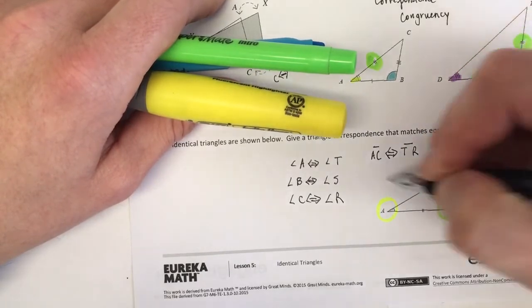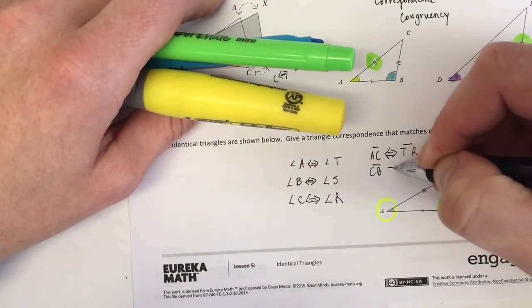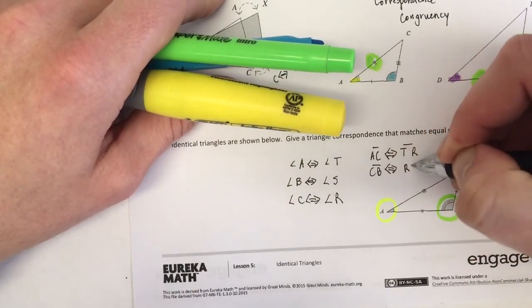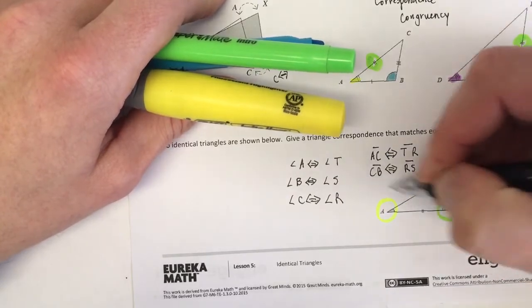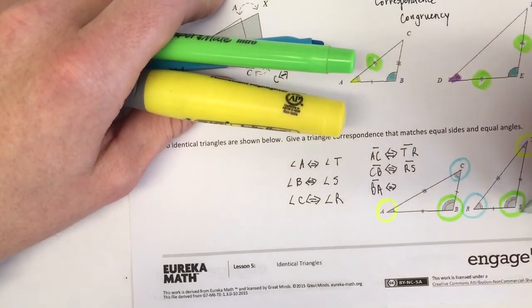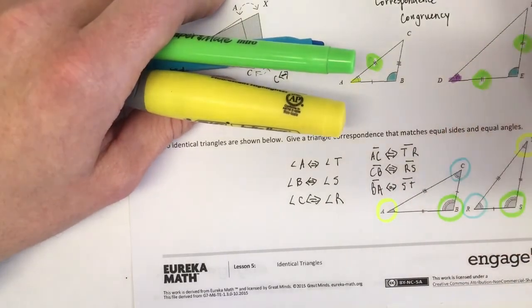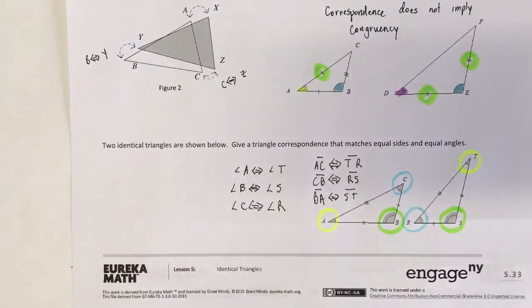Let's go with CB, so CB would go with RS. And finally, BA corresponds with ST. And notice alphabetical order doesn't matter. It all depends on matching up the colored circles with the colored circles. Okay?